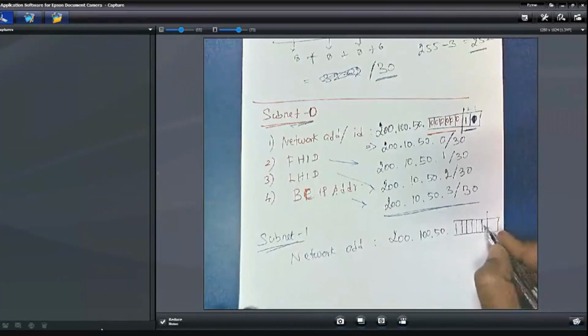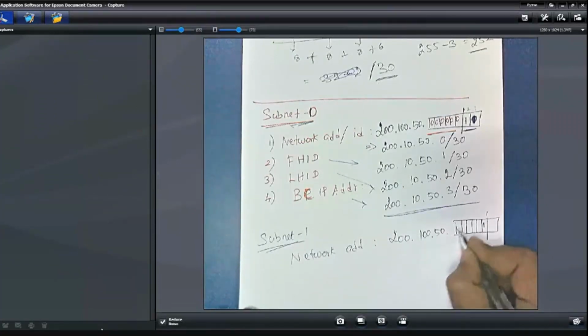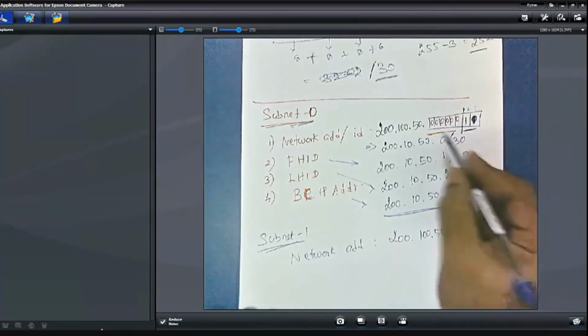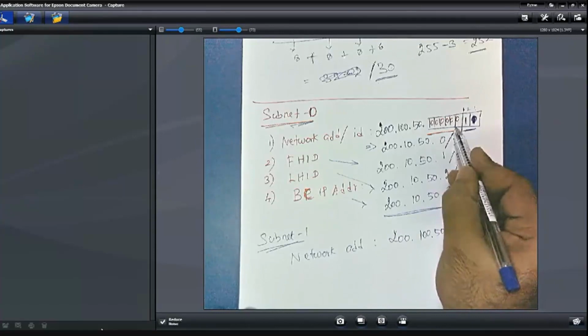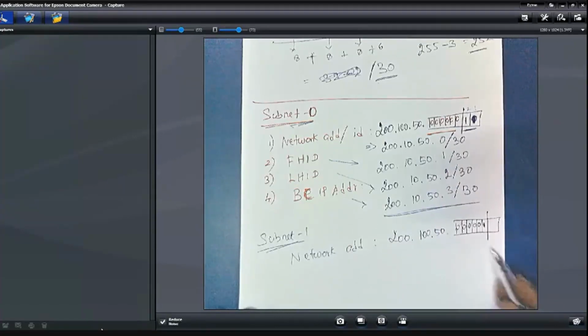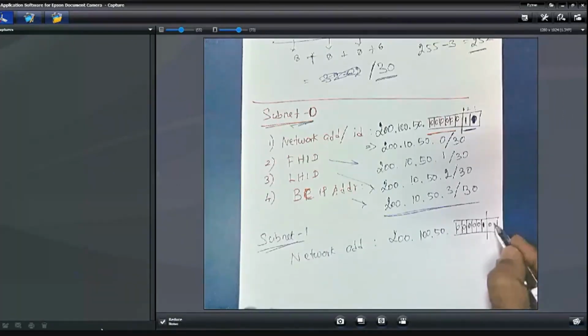I'm going to make the binary value 1, 0, 0, 0, 0, 0. I'm going to make this as 1, and here I made everything 0. Next subnet means it is going to be 1, 0. Next subnet 1, 1. Next subnet 1, 0, 0. Like that, the binary value is going to change. Now these 2 bits are going to be 0.